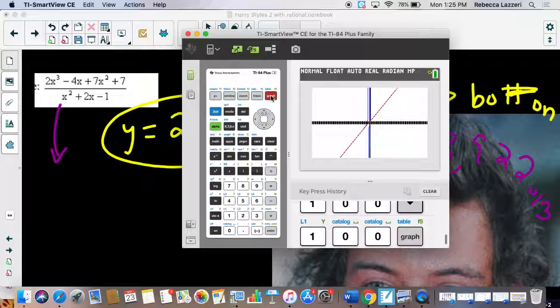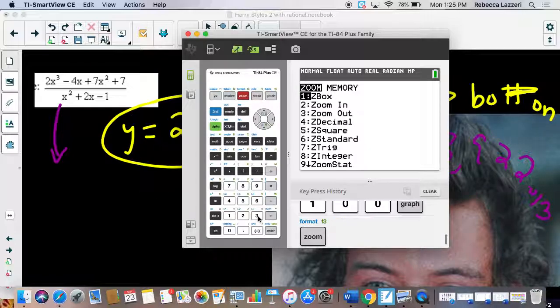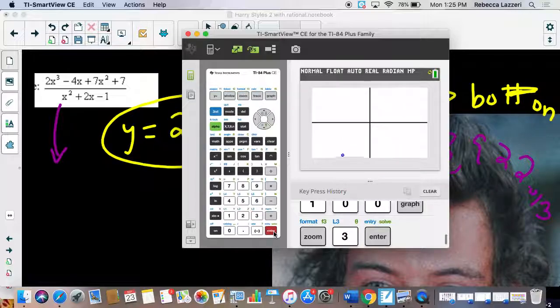I'm going to zoom out one more time. Here's our blue graph. And here's our red graph. Oh, one right through here. From an airplane, they're indistinguishable.